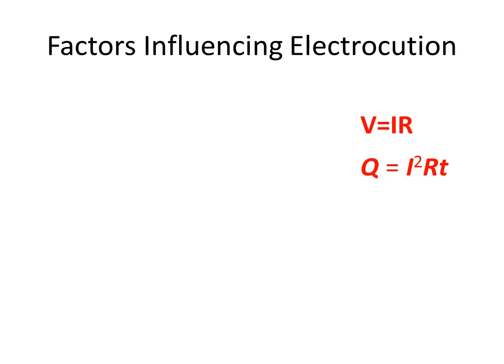Now let us enumerate the factors influencing electrocution. We are very familiar with these two formulae. One is V is equal to IR, which is the Ohm's law. And the second one is Q is equal to I square RT, that is the Joule's law.